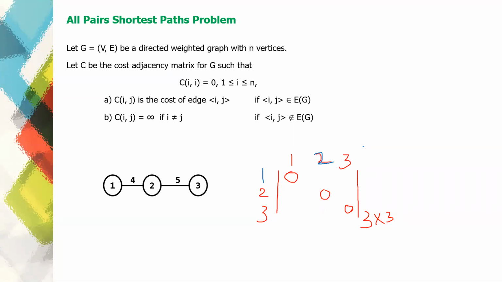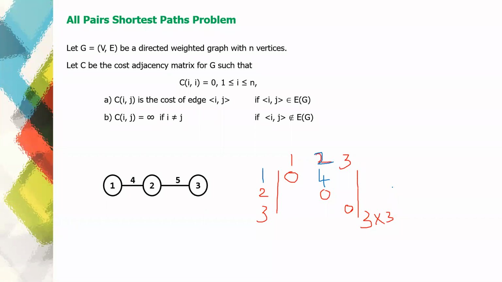It falls into case A, because between the first node and second node there is a direct edge connecting these 2 nodes, and hence the value in the adjacency matrix must be the cost of that edge. So now I'm going to fill up 4 here, because there is a direct edge connecting 1 and 2.